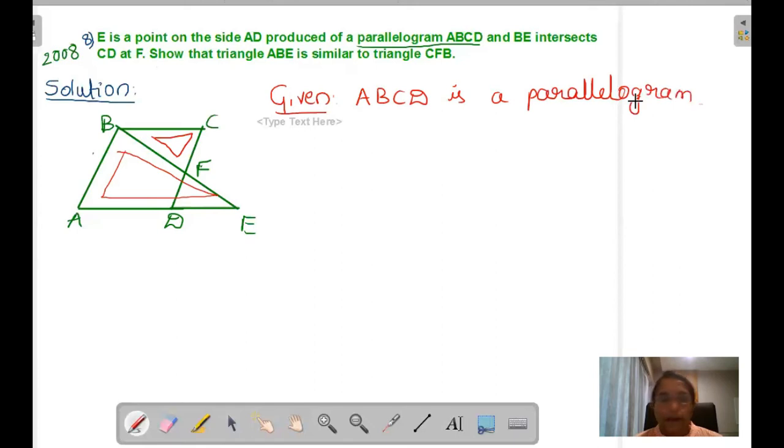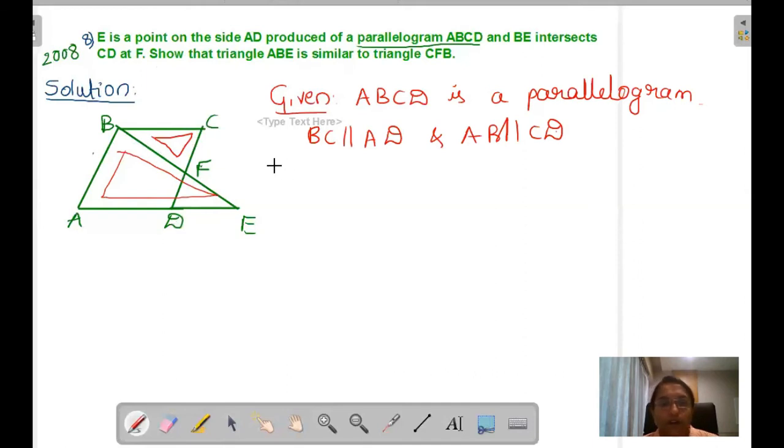Once it is a parallelogram, then definitely BC is parallel to AD and AB is parallel to CD, and even opposite angles are equal. That idea you should have. Opposite angles of a parallelogram are equal. Okay, and BE is joined and meets CD at F.